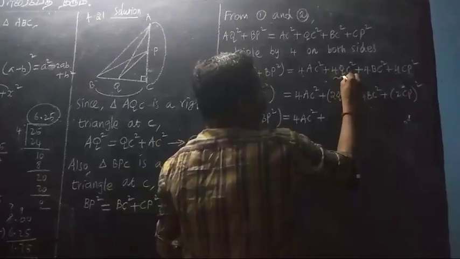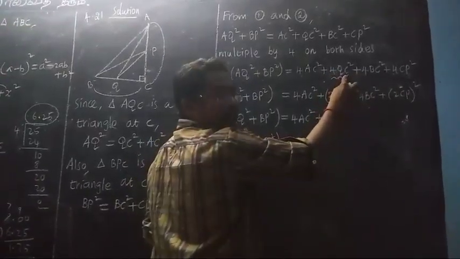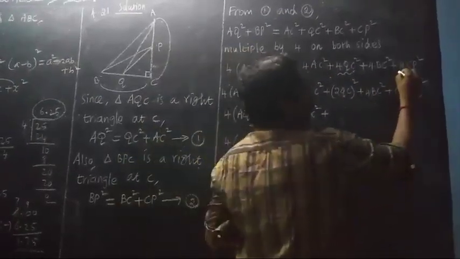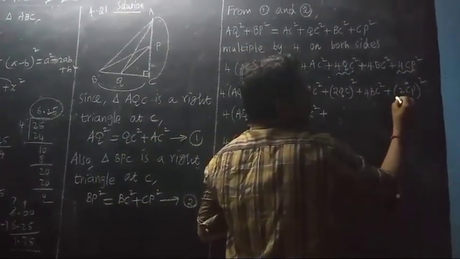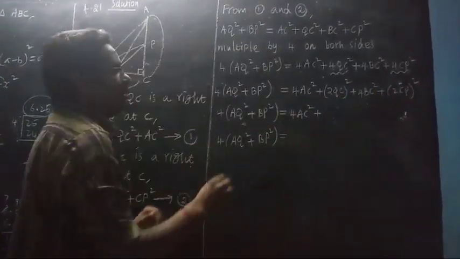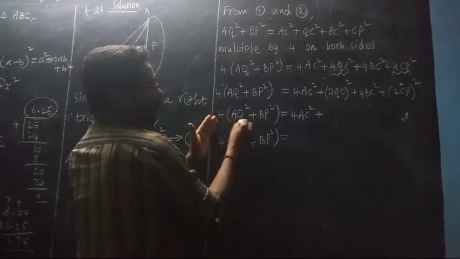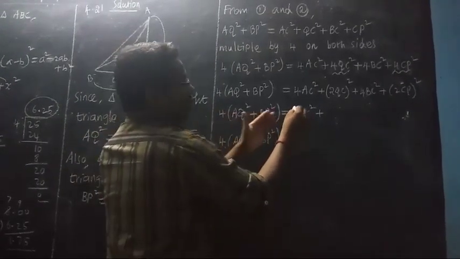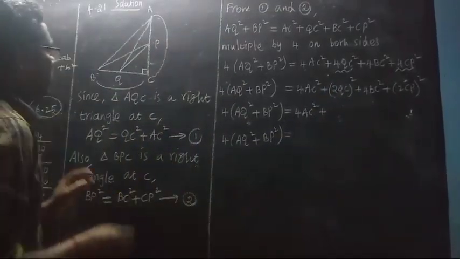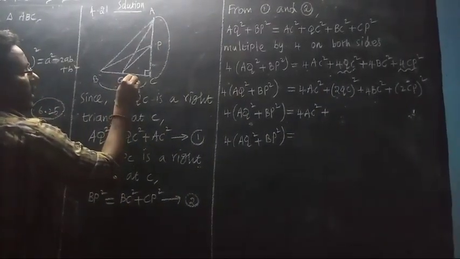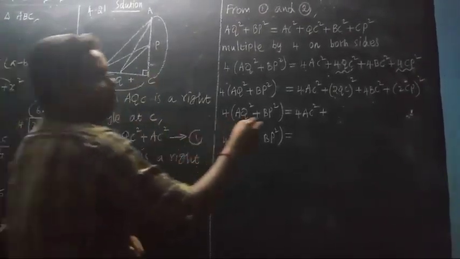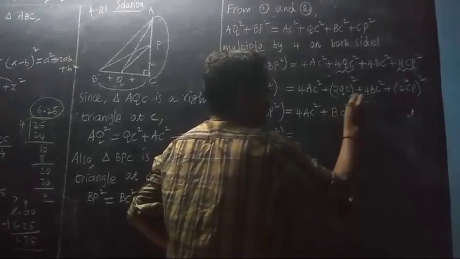Now split the value: 4 QC square equal to 2 QC the whole square, and 4 CP square equal to 2 CP the whole square. So now 4 into AQ square plus BP square equal to 4 AC square plus 2 into QC. QC means Q is the midpoint of BC. Therefore BQ equal to QC, therefore write BC square.